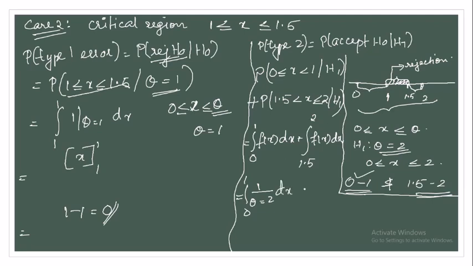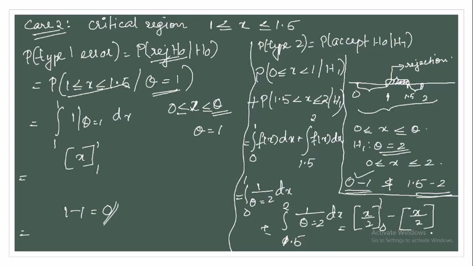So it is the integral from 0 to 1 of 1 by 2 dx plus the integral from 1.5 to 2 of 1 by 2 dx, which is equal to x by 2 from 0 to 1 plus x by 2 from 1.5 to 2.